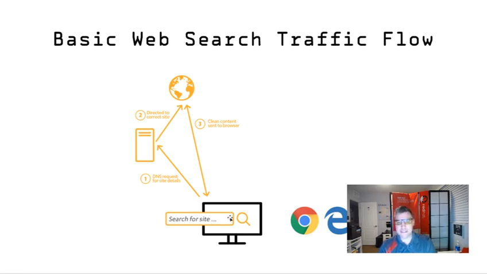And so basically, you're at your computer, you're typing CNN.com, and then from there, your computer sends a DNS request to a DNS server that says, hey, I need to go to CNN.com.